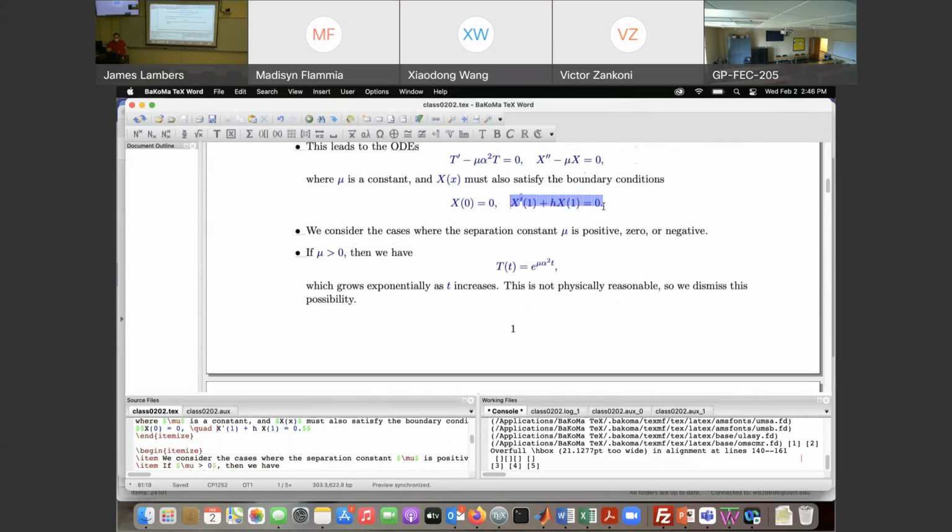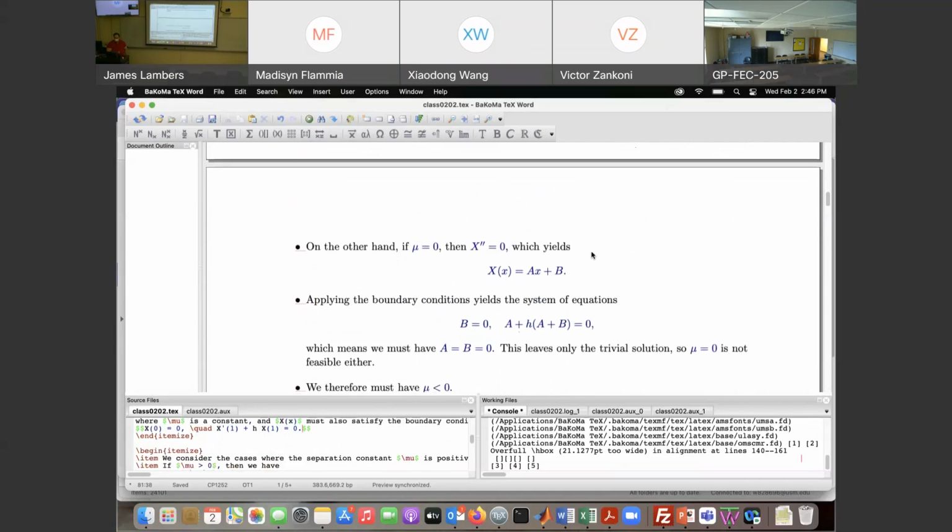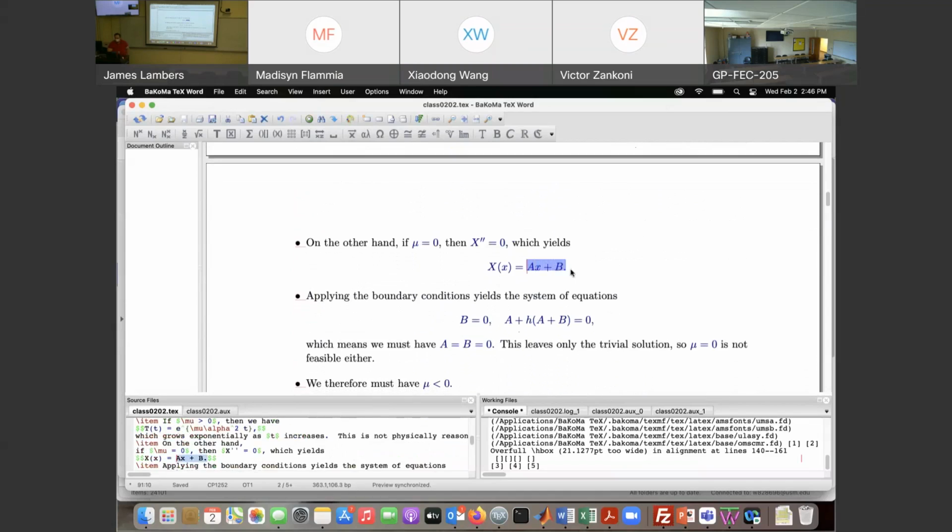If I apply this boundary condition to this function, this is what I get, and that must equal 0. But if b must be 0 because of this equation, I account for that in here, and capital A must also be 0. In other words, everything is 0.